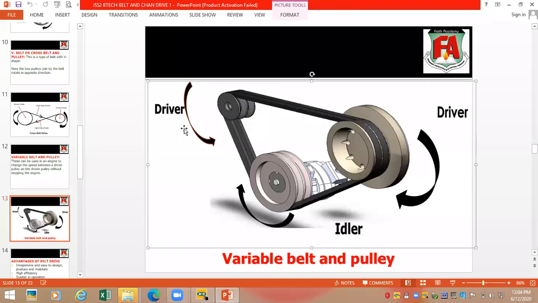The reason is that in a belt drive, if you link belts together, that is not V shape, both the driver and the driven will move in the same direction. If you don't want the driver and the driven to move in the same direction, you introduce what is called an idler. The idler will change the direction of the driven.